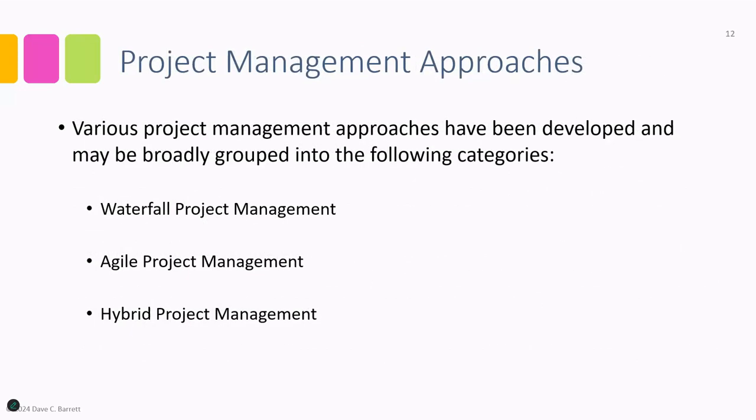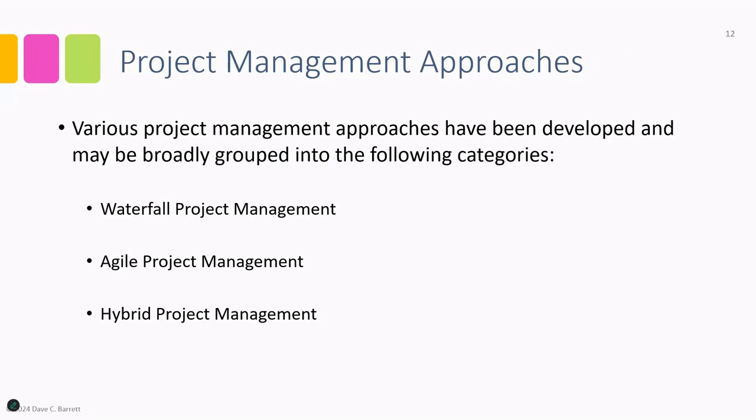Which brings us to various project management approaches that may be used. Project management is not just one thing, but there are different categories, and they may be broadly grouped into the following three categories. There is waterfall project management, which a good deal of this course is focused on.